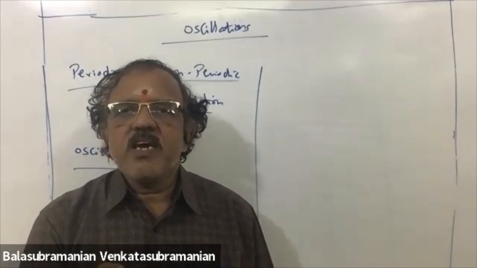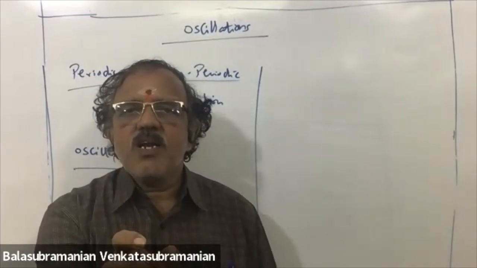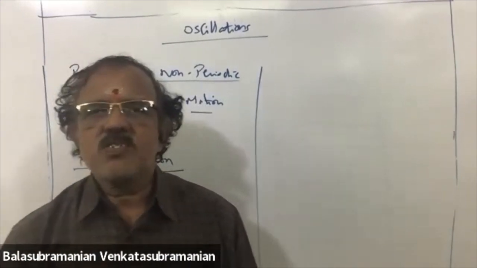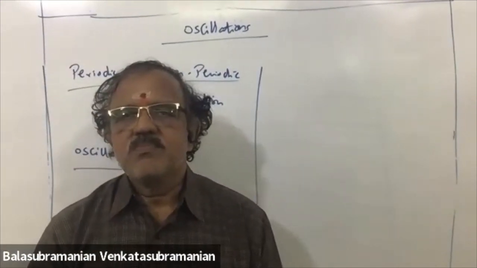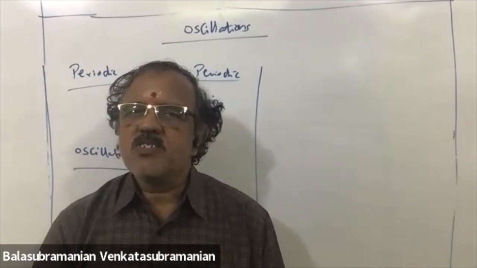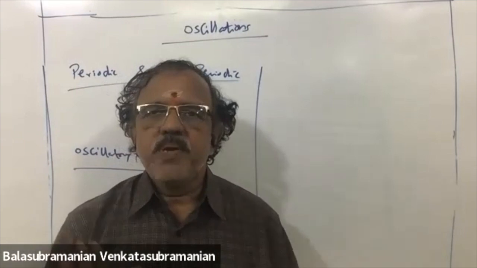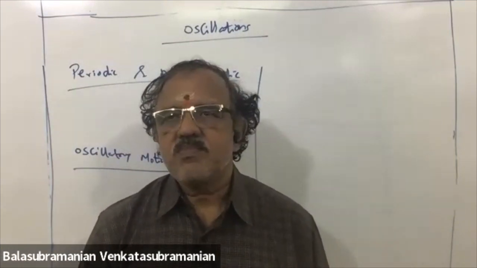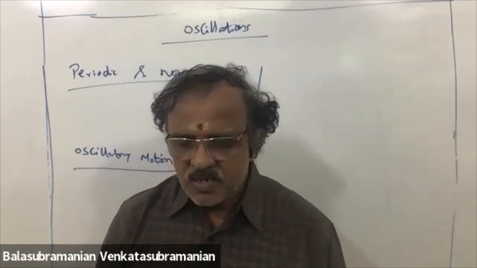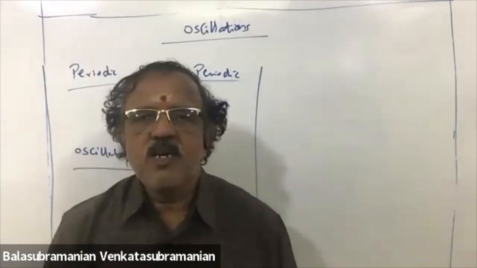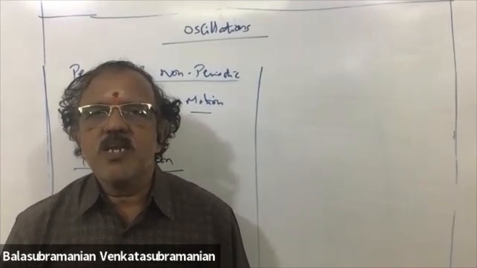So we can say oscillatory motions are periodic in nature. Converse is not true. All periodic motions are not oscillatory, but all oscillatory motions are periodic in nature. So this is the basic definition of periodic, non-periodic, and oscillatory motion.